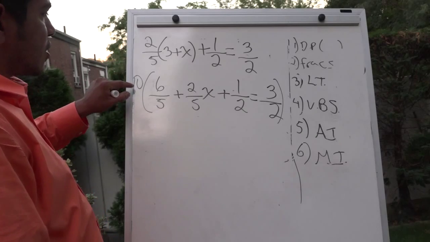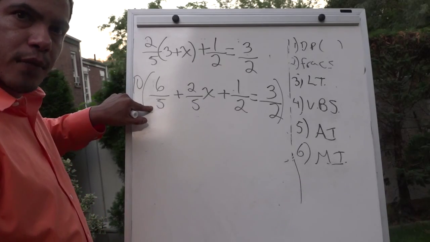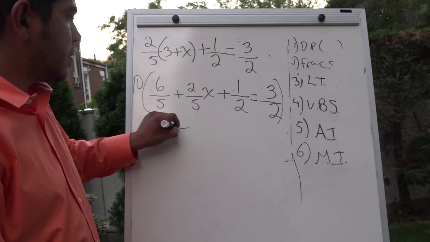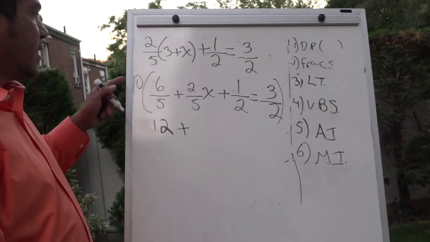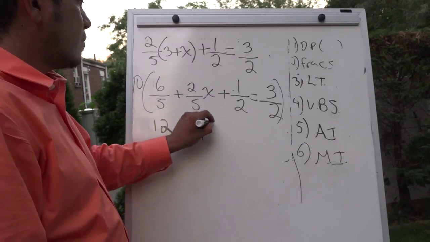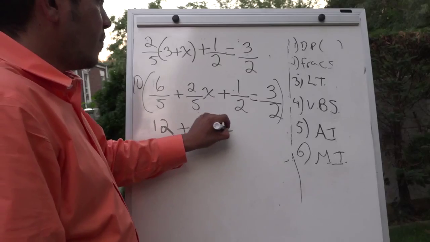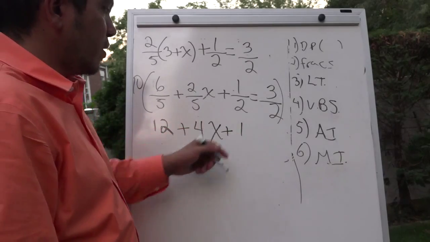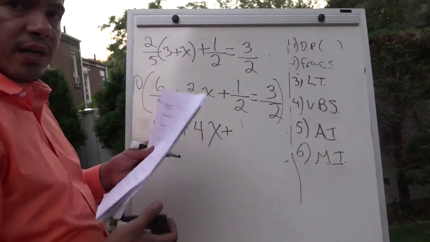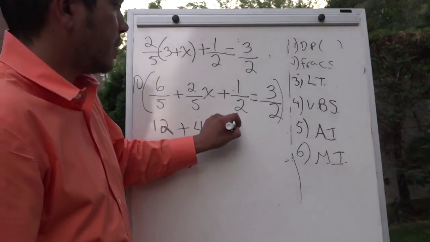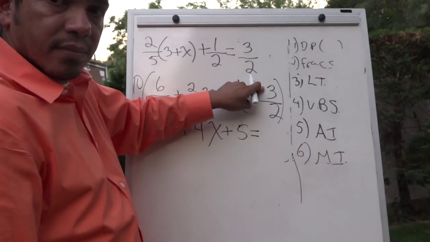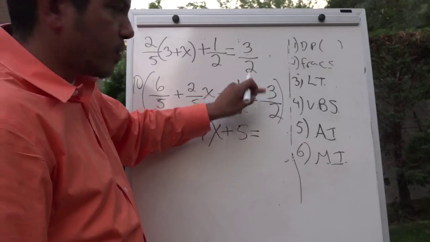Okay, so 10 divided by 5 is 2 times 6, 12, plus 10 divided by 5 is 2 times 2, 4x, plus 10 divided by 2 is 5 times 1 is 5, equaling 10 divided by 2 is 5 times 3, 15.